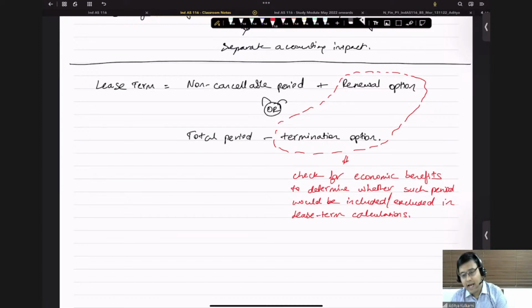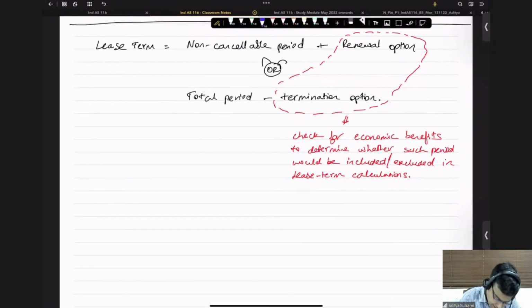Sir, can we have a negative reassessment? Sir, what do you mean by a negative reassessment? Suppose I have an asset with a lease term of 10 years.